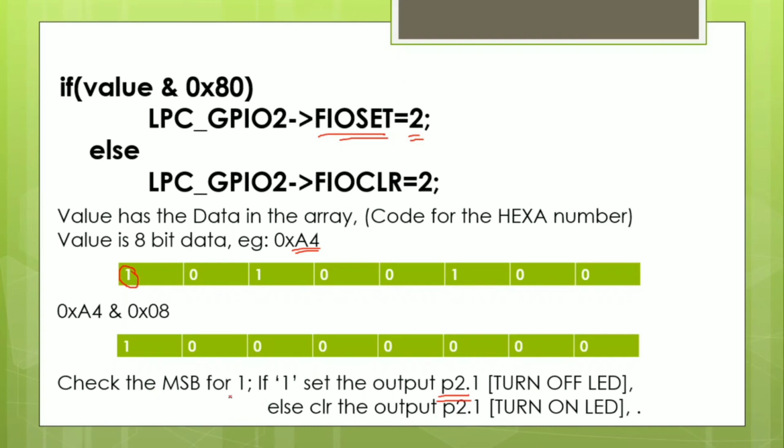So check the MSB for 1. If it is equal to 1, make the output 2.1, which turns off the LED. Otherwise, if it is 0, then it clears the output.